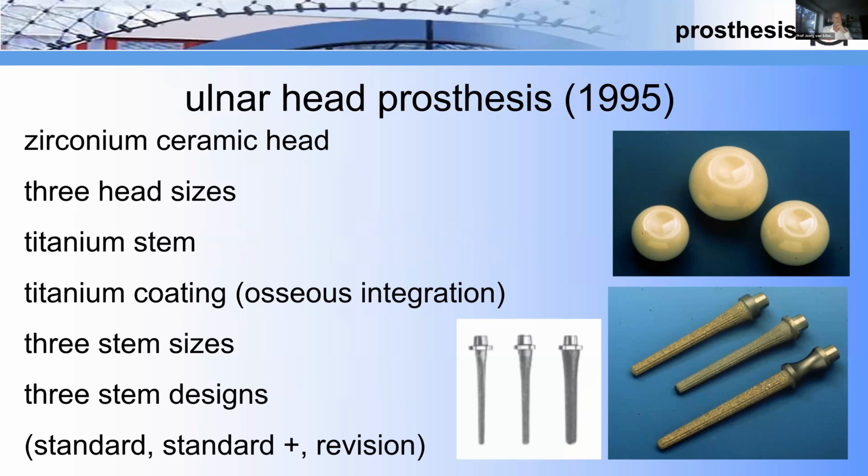It consists of a zirconium ceramic head in 3 sizes on a titanium stem with titanium coating for osseous integration, so we don't use cement. The stem itself comes in 3 sizes, and it comes in 3 lengths of collar to restore length if we have already had excessive shortening of the distal end of the ulna.